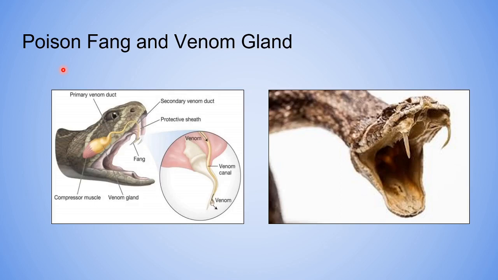So that is why death due to cobra bite takes less time than that of other snake venoms. Their virulence is less than that of normal cobra, and death usually occurs within 15 to 20 minutes.